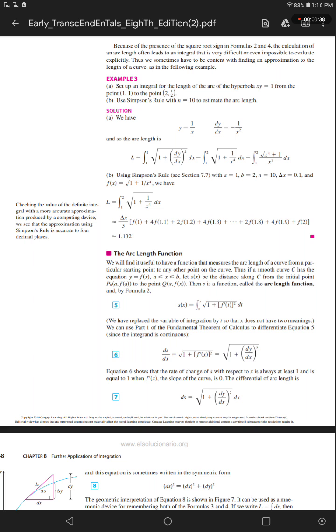Solution. Part A. We have y = 1/x, dy/dx = -1/x².